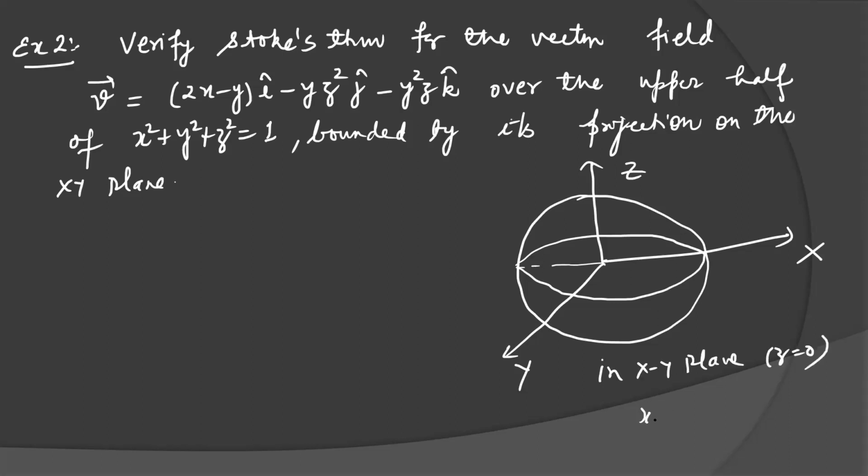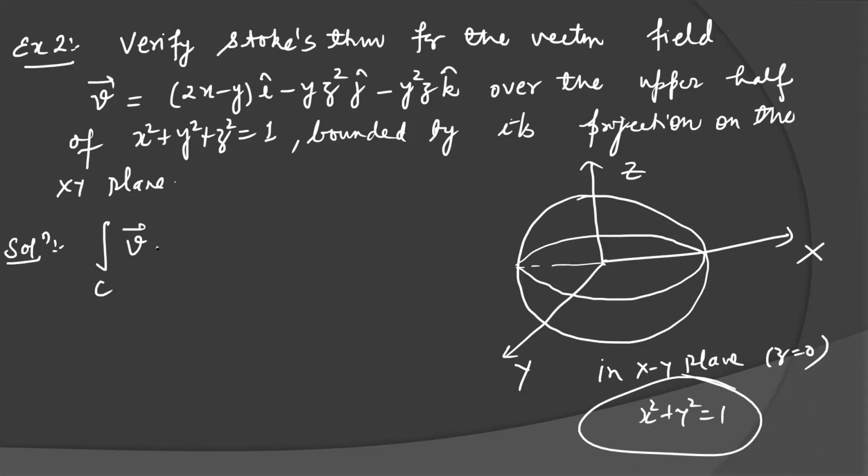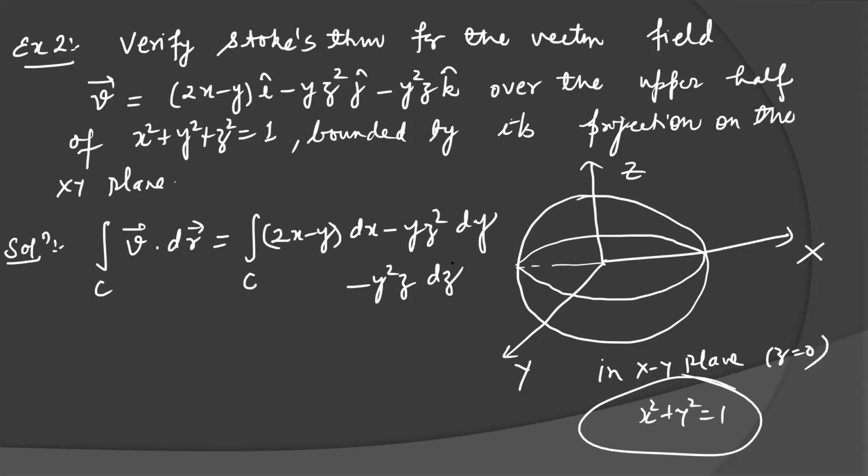Then your curve will be x square plus y square equal to 1. This is the circle in the xy plane. So we are going to solve the line integral first. Let's see the solution. Line integral V dot dr. So V dot dr is going to be (2x minus y) dx minus yz square dy minus y square z dz, because dr vector is dx i plus dy j plus dz k.